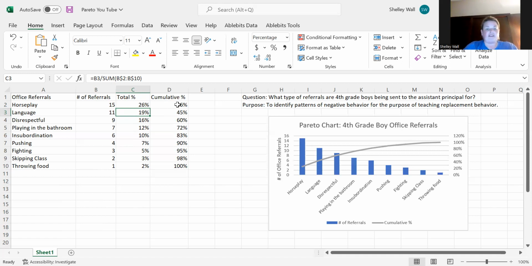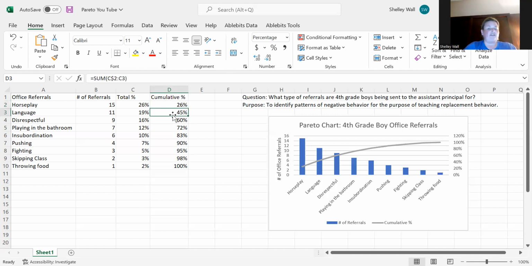To get the cumulative percent in this cell, C2, you're going to drag over B2, and it may show up as 0.26 here, or it could show up as 26%. If it shows up as a decimal, it's no big deal. You would simply go up here and click on percent, and it would take you back.